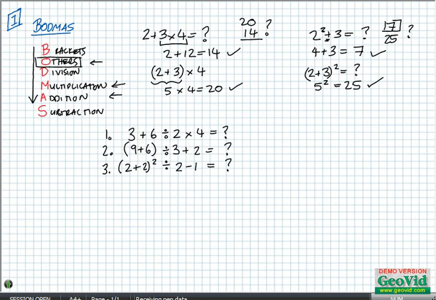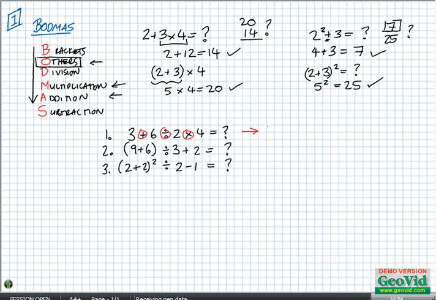Okay, so you've had a go at the examples. Let's see if you got the correct answer. Right, example number 1. As I said before, it is important to recognise what operators you have within an equation. So as we can see here, we have an addition, we have a division, and we have a multiplication. So, simply looking at the rule of Bodmas, we know that the division will be performed first, followed by the multiplication, followed by the addition.